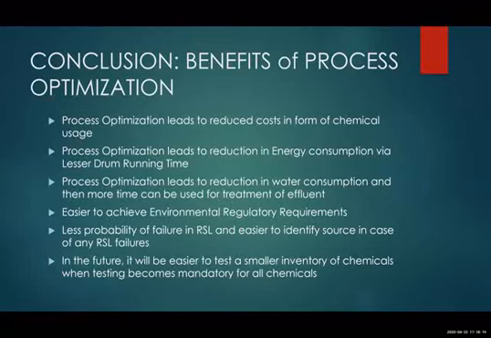And when the load is less, we can easily achieve the environmental regulations comfortably and consistently. That's very important. And the probability of RSL failures is lower, and it's very easy to identify if something goes wrong in RSL or the quality of the leather, and it helps to easily test chemicals when you have less inventory and fewer options.